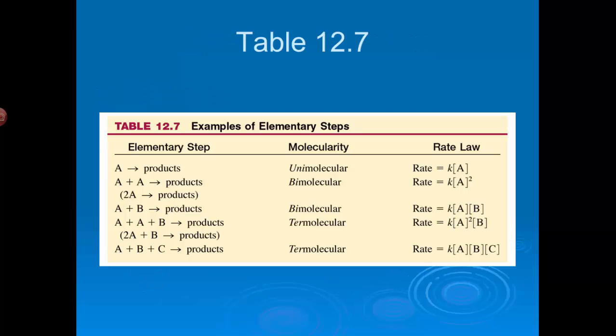This is in your book, and it gives you an idea of what these would look like. We won't see any termolecular elementary steps because of the lack of frequency at which three particles can hit each other with just the right orientation and energy. So the most you're going to see are bimolecular collisions and unimolecular decompositions.